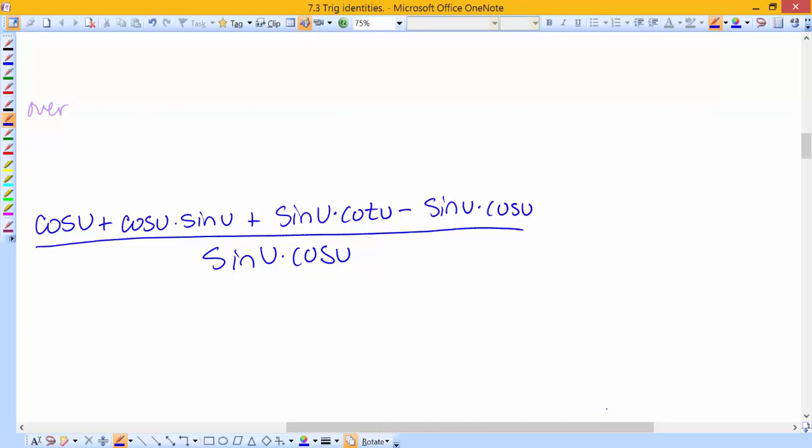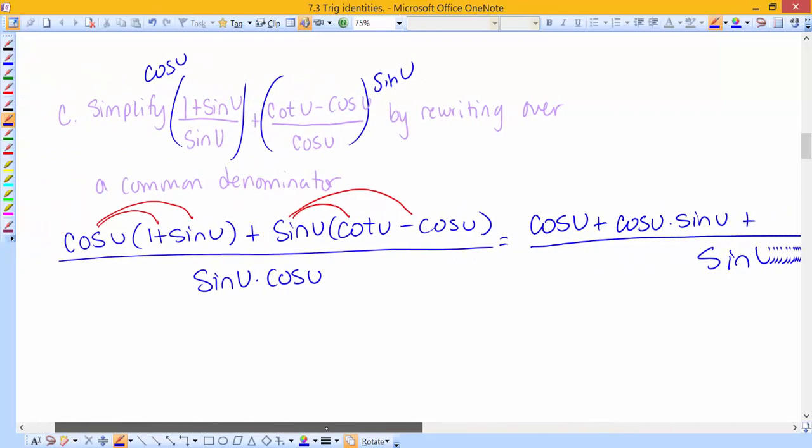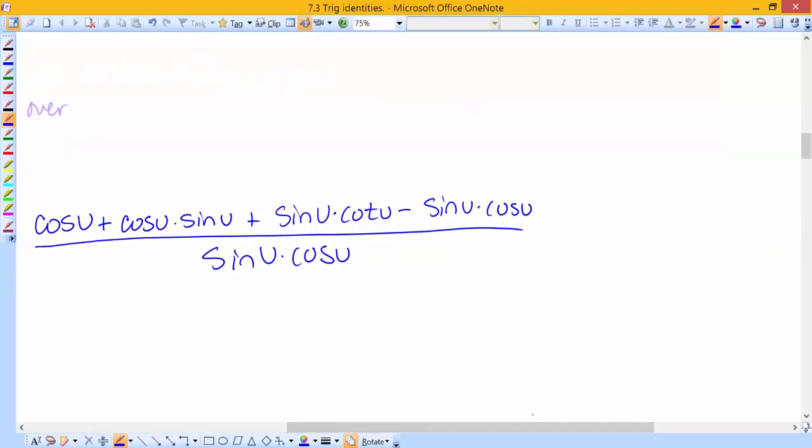Okay, that definitely does not look simpler, but now I can use this to actually start to simplify some things. Cosine times sine is the same as sine times cosine. Those are the same thing. So when I'm looking here, I have a positive sine cosine and a negative sine cosine. Those cancel.